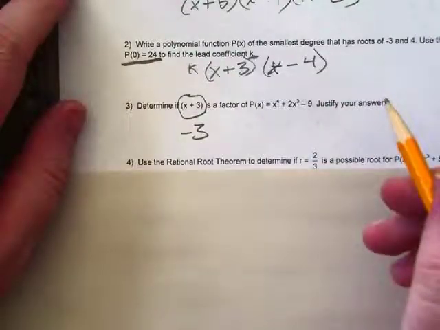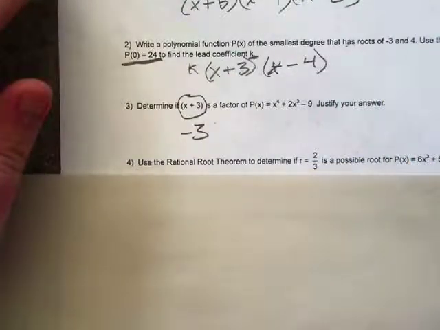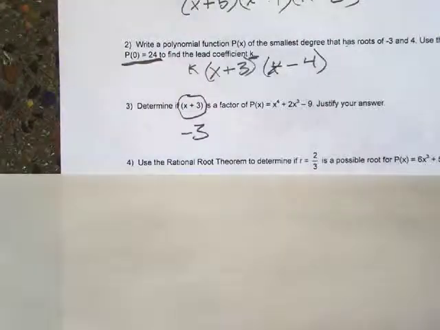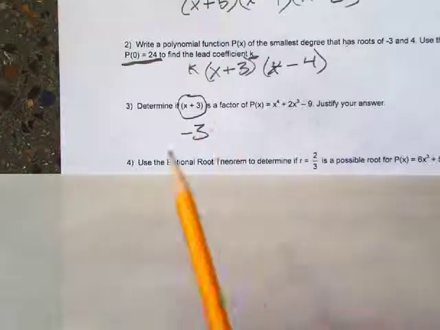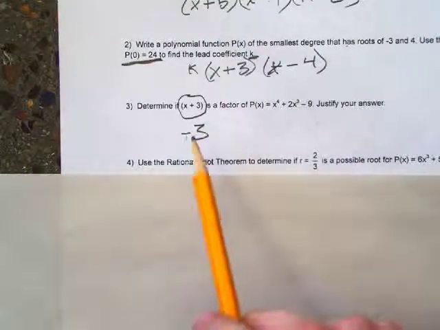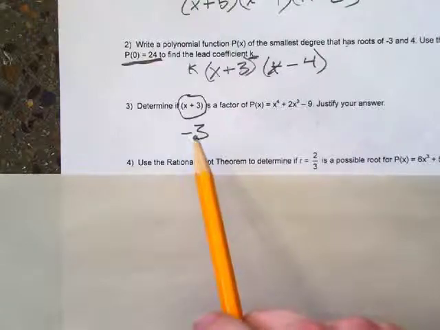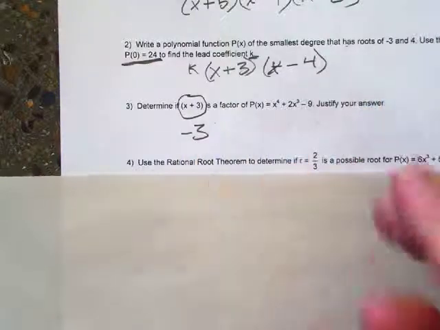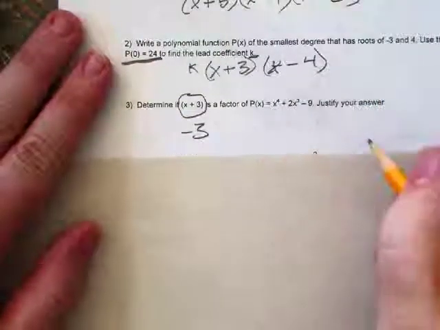Let's go ahead and go through and figure out how to do this. So we know that this is a factor. Or we're trying to find out if it is a factor. That's going to be our easiest route, to say, all right, anytime you have a factor, it's got to be equal to 0.